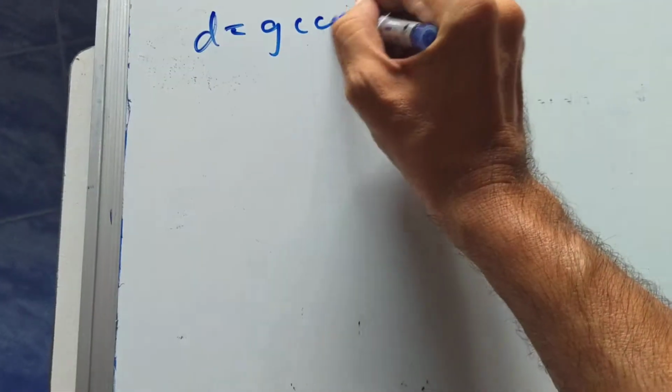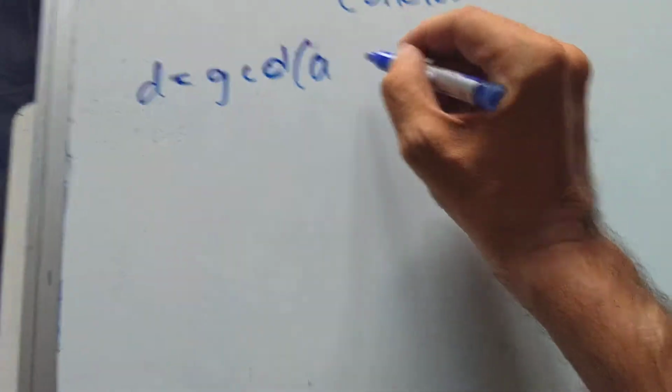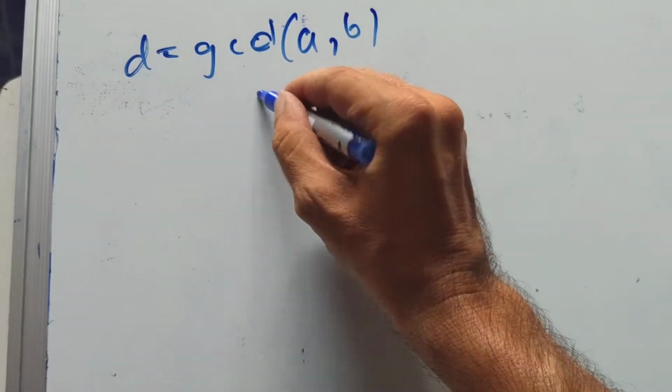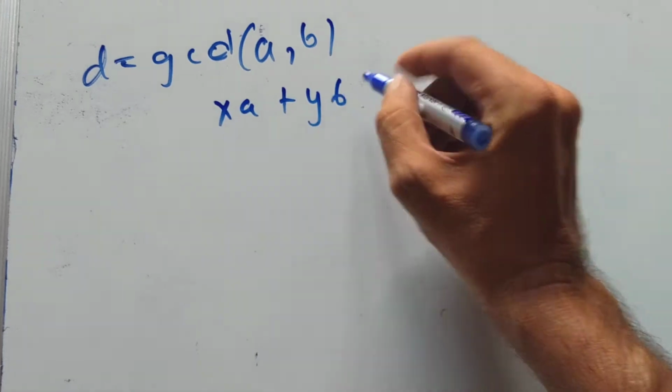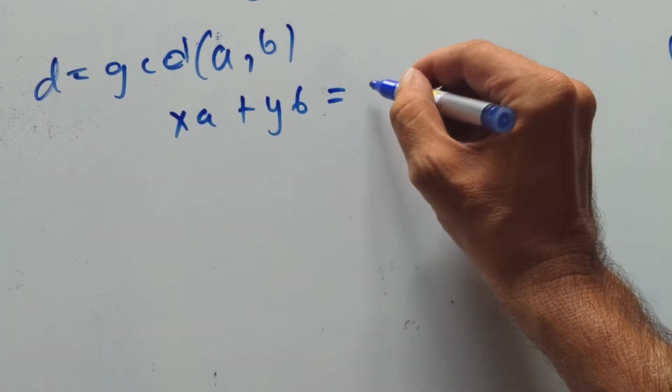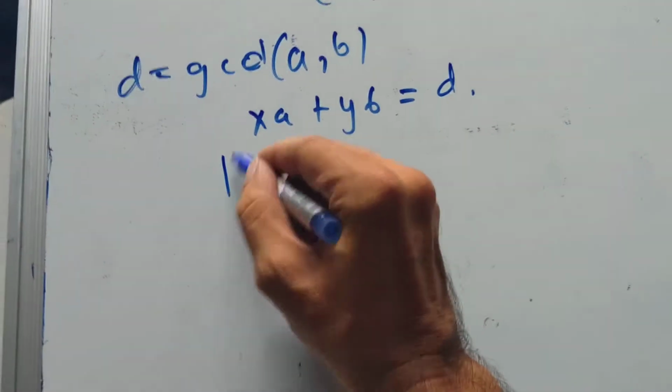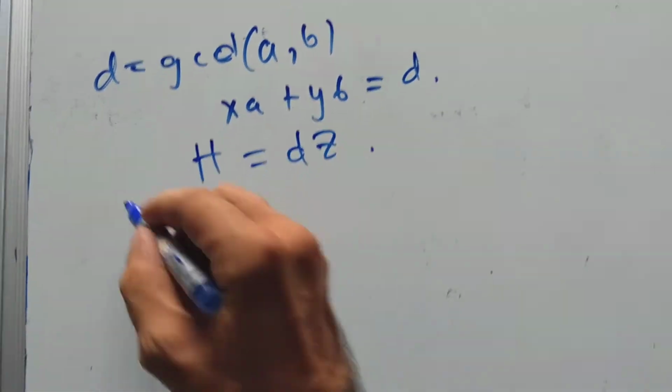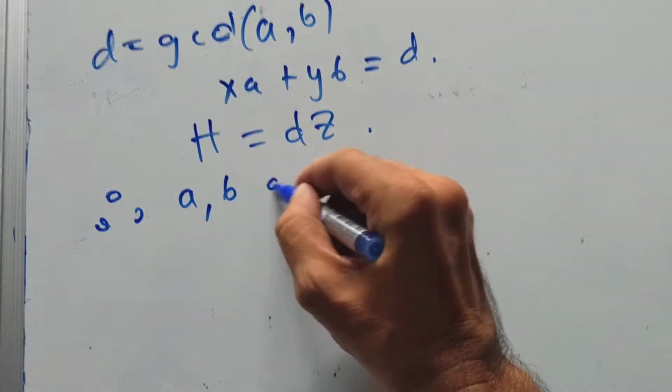We saw before, we proved it, that if D is the GCD of two numbers A and B, then xa plus yb is equal to D. And we know that H is DZ.